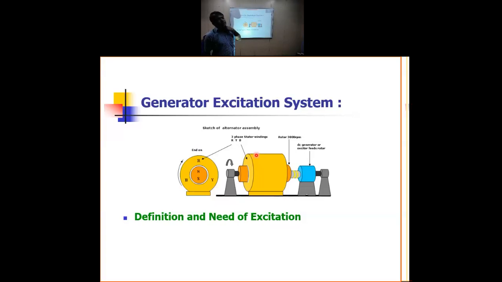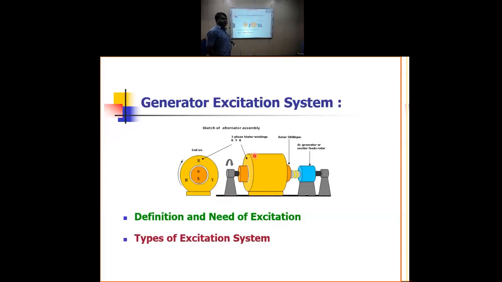So if you are able to control the reactive power, then you will be able to control the stability of the electrical power system. All this controlling is beyond the scope of this class. That is a separate issue.